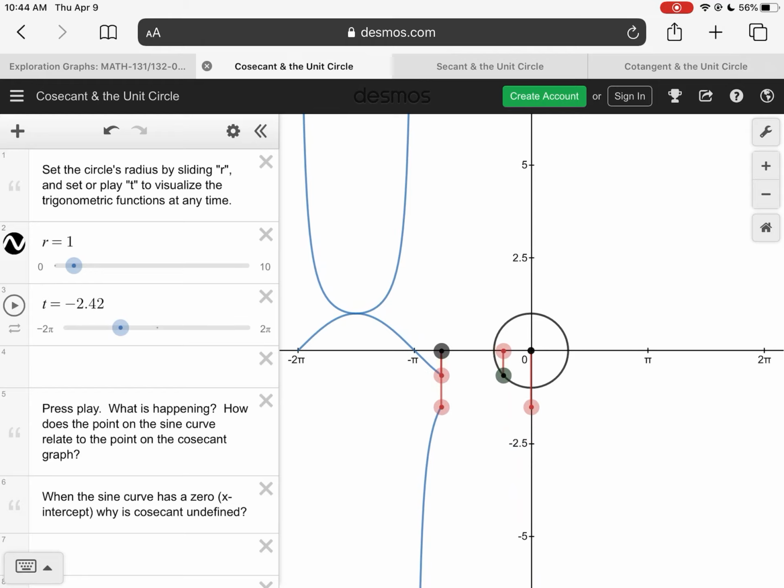Let me see if I can change the y-axis to go up by 1. There we go.